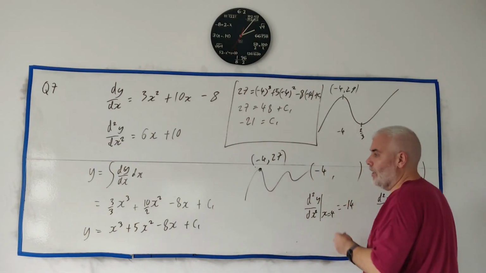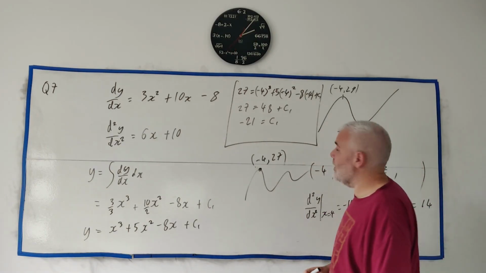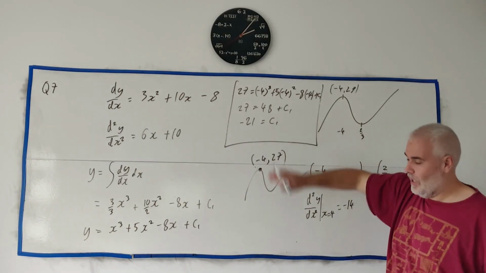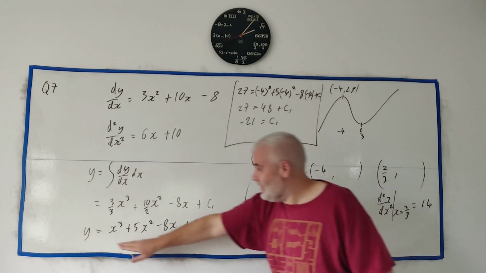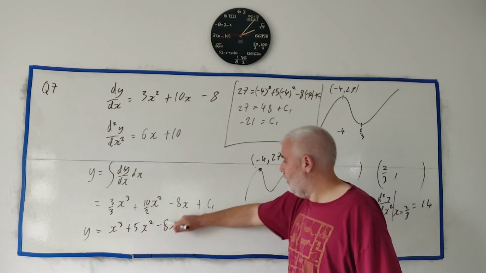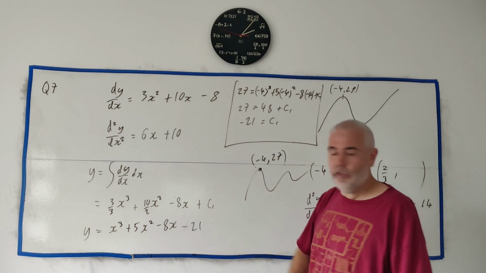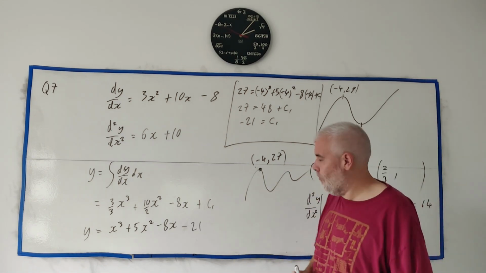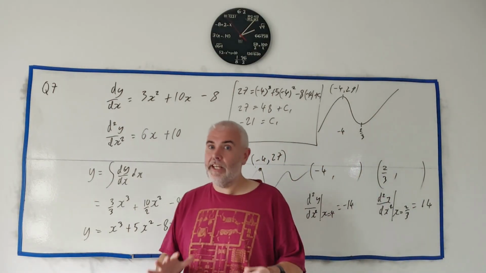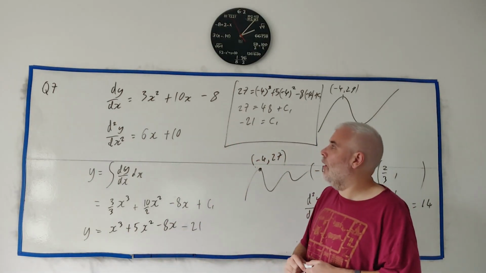That will get you full marks. Although I think the examiner, there is a small possibility, won't give you full marks for that. They might want to see you write this line one more time, but instead of c1, put in minus 21. That's definitely full marks.